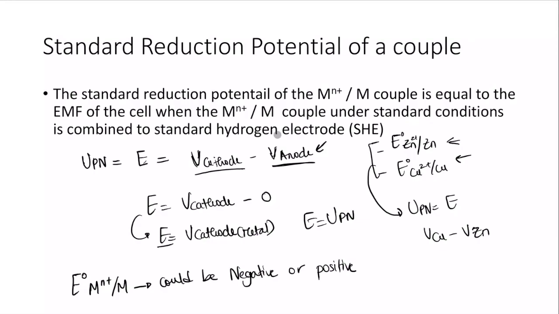Because the standard hydrogen electrode equals 0, we are deleting this factor, then the electromotive force, EMF, will be equal to the standard reduction potential of the metal. Okay, here's that.